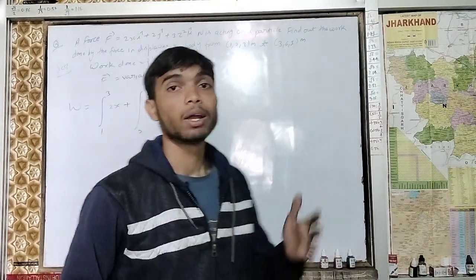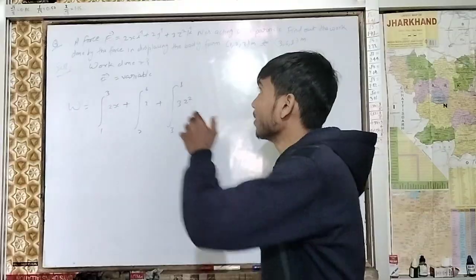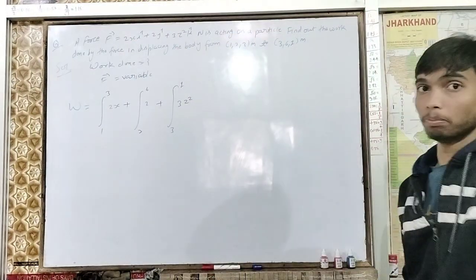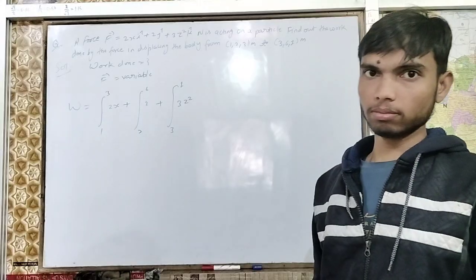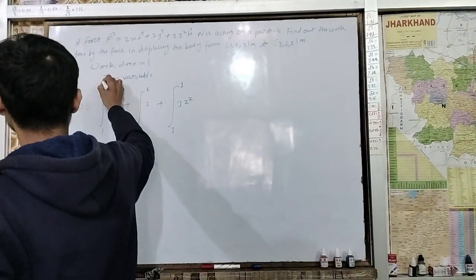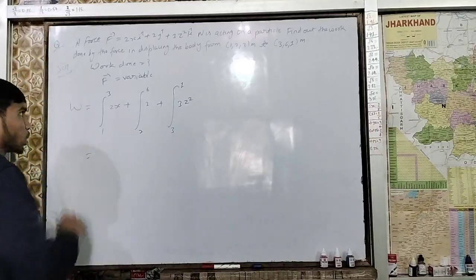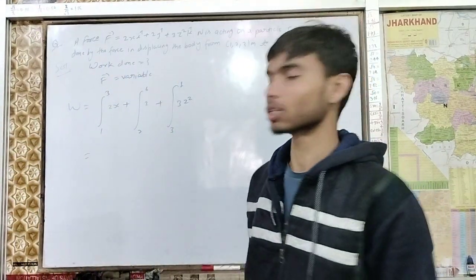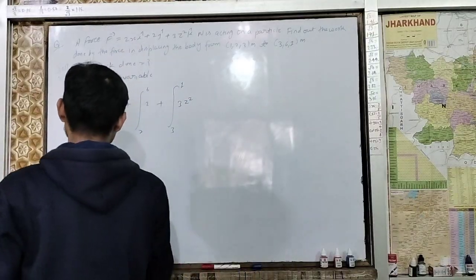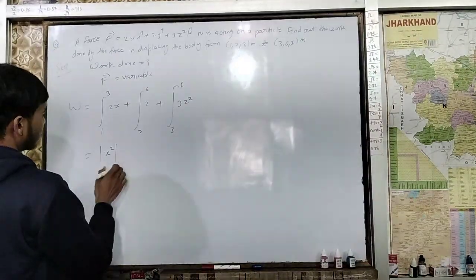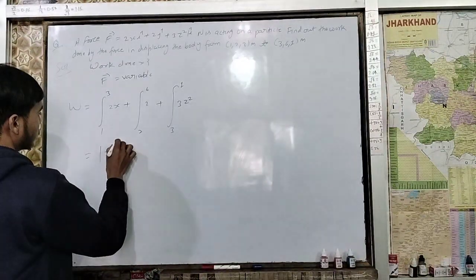How to identify whether force is variable or constant? If x, y, z is present like this, then make sure that this is a variable force. The integration of 2x will become 2x square upon 2, which means x square, with limits 1, 3.